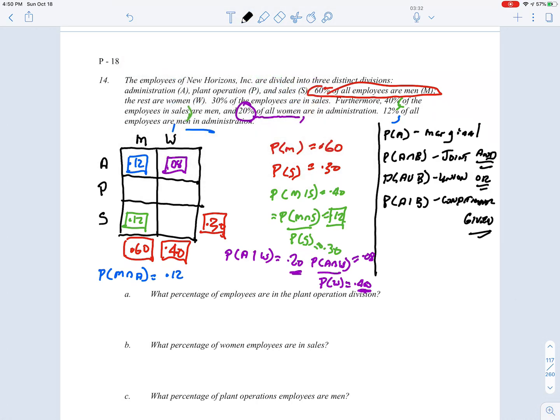Okay, now we've got everything that we need. We can fill in the rest. Going across here, 12% plus 8% is 20%. 20% and 30% leaves you 50% in P. And then, let's see, going down the first column here for the males, 12 and 12 is 24.